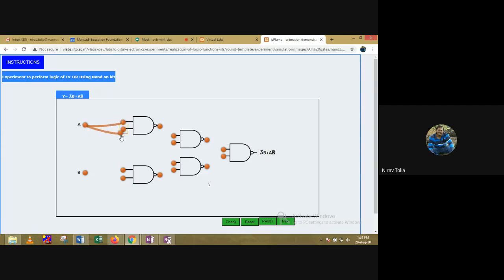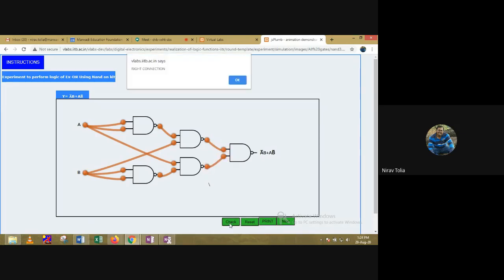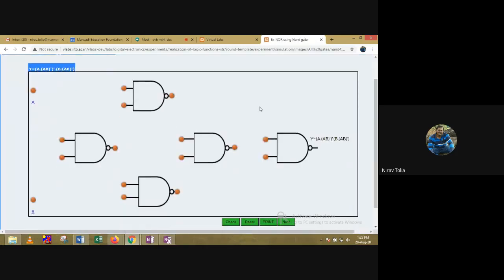Then again click on that, and then you click check, then it is a right connection.